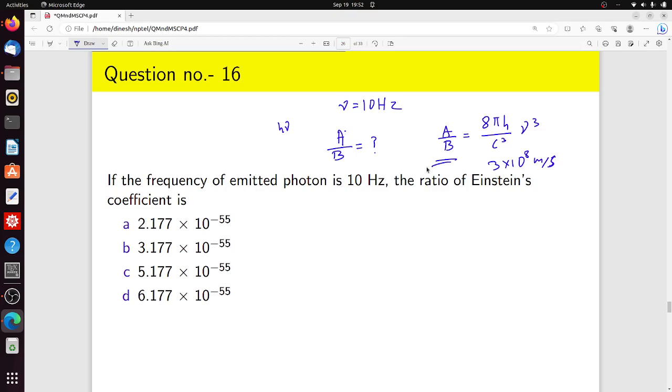Sir, how much was h? 6 point something. Okay, the h value is 6.63 times 10 to the power minus 34 joule second.